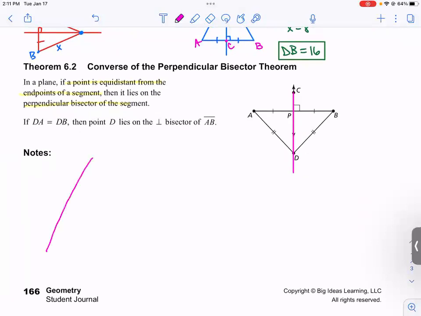Okay, so basically, we have an isosceles triangle, right?